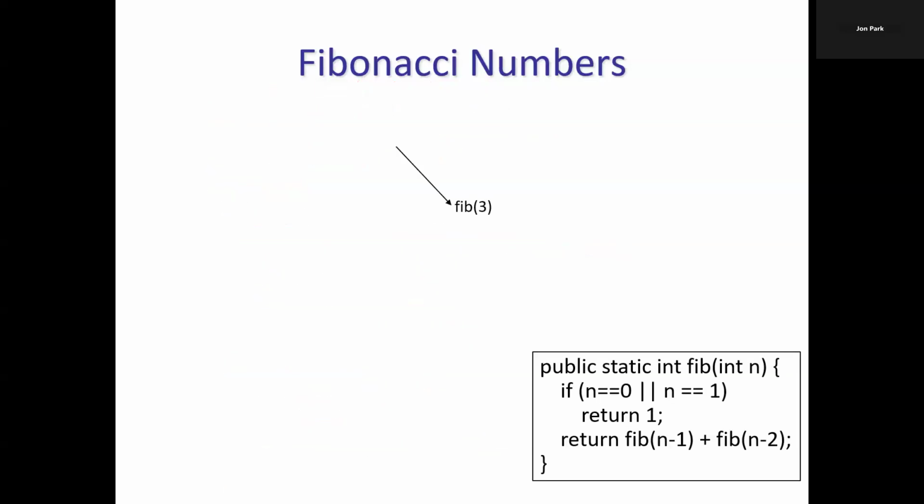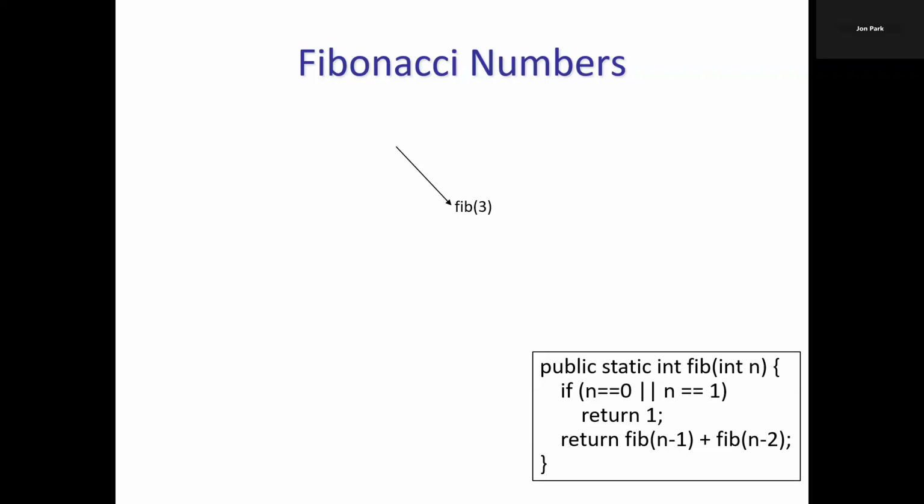So same as before, let's say I wanted to figure out what the third Fibonacci number is. So I called fib3 from the main method, for example. Java knows that it needs to return this value, and to do that it first has to know what fib(n-1) is.